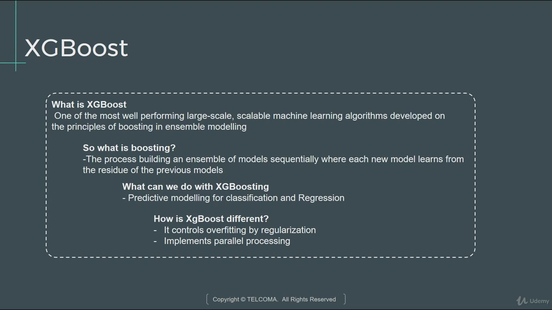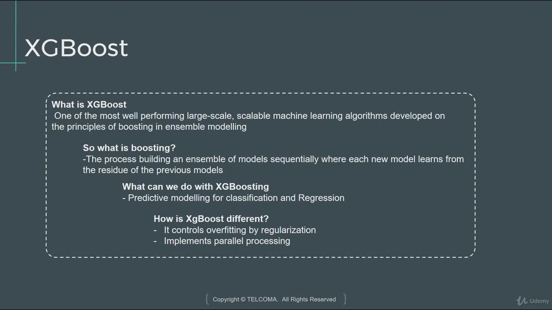You can't implement complete parallel processing, but certain parts which don't have dependency on each other work in parallel, and that improves the processing speed. So to a certain extent, it implements parallel processing. That's the first USP of XGBoosting.